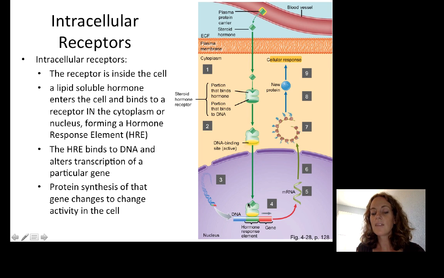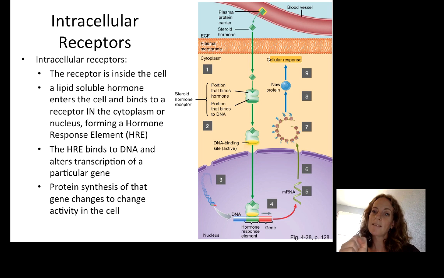In this case, if we activate transcription of a particular gene, then we will get more mRNA. More mRNA will then be translated into more protein. Those new proteins then can create a response inside the cell. So these can alter and change protein synthesis directly rather than phosphorylating proteins that are already there.